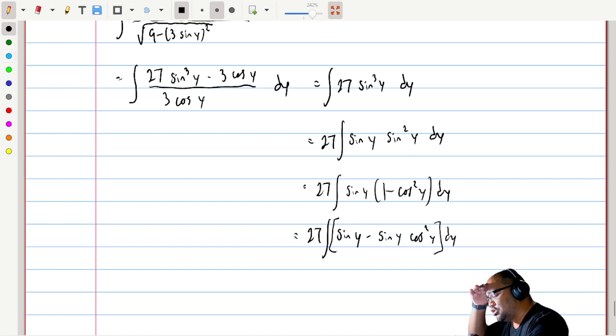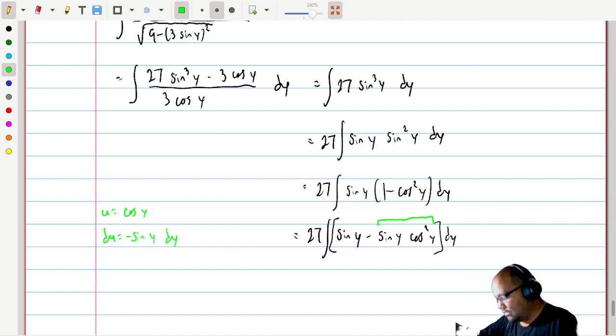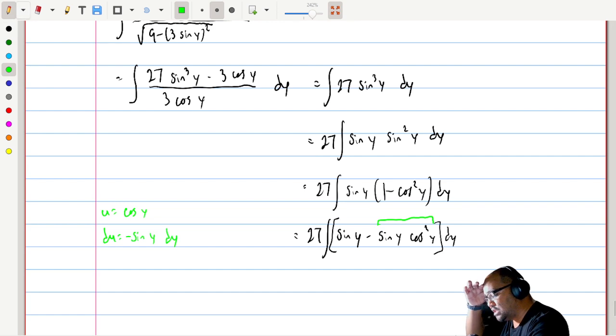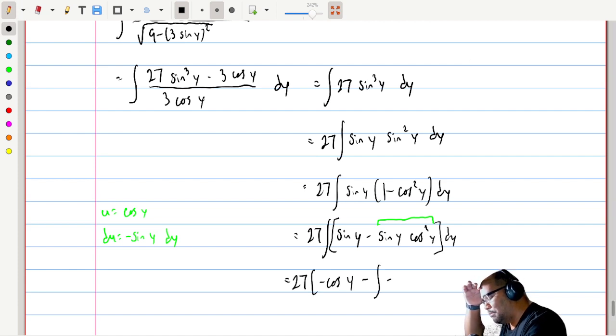So just for the second integral, I'm going to do u equals sine of y, sorry, cosine of y. And so du is minus sine of y dy. Some stuff gets shuffled around, you'll see. So 27 times minus cosine of y minus the integral of minus u squared du.